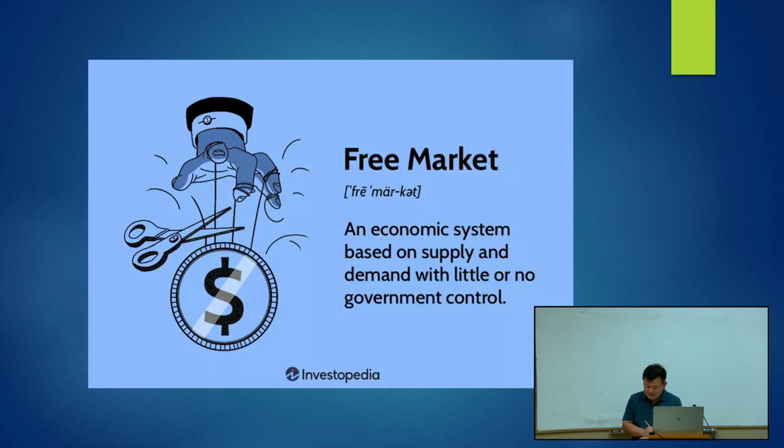This is the free market. So in the free market, the law of supply and demand provides the sole basis for the economic system without government intervention. The government is not concerned.